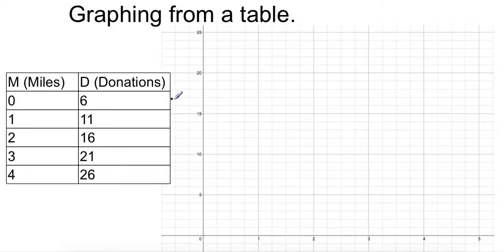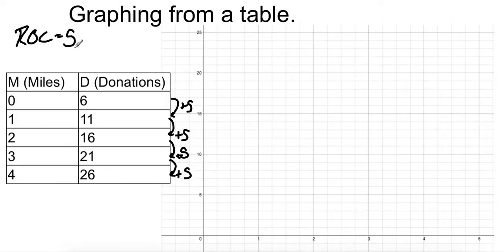So we go from 6 to 11, which means plus 5, and from 11 to 16, that's plus 5, and from 16 to 21, that's plus 5 again. And you can see that our rate of change is plus 5. So I know that our rate of change is 5, and that's important to remember because this is going to be our coefficient.